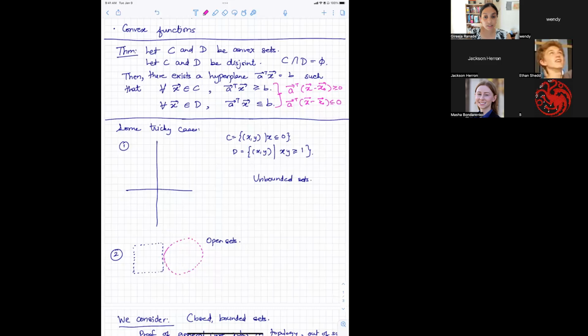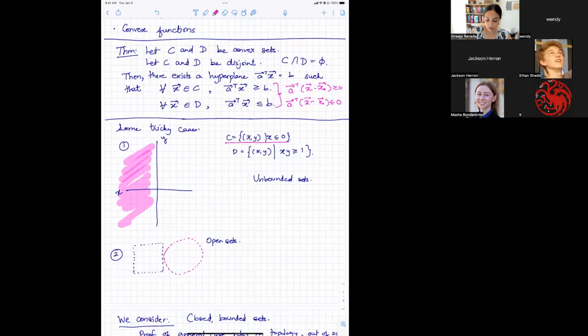So for example, let's consider the following two sets. The first set is this set C, which is the set of all pairs X and Y. So let's say this is the X-axis and this is the Y-axis. And it's all points where the X value is less than 0, right?